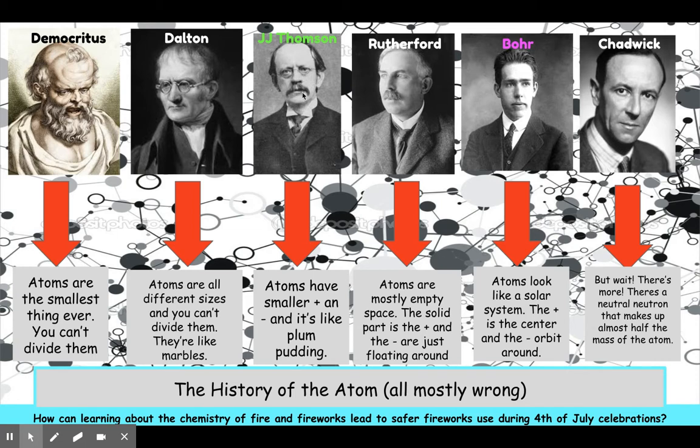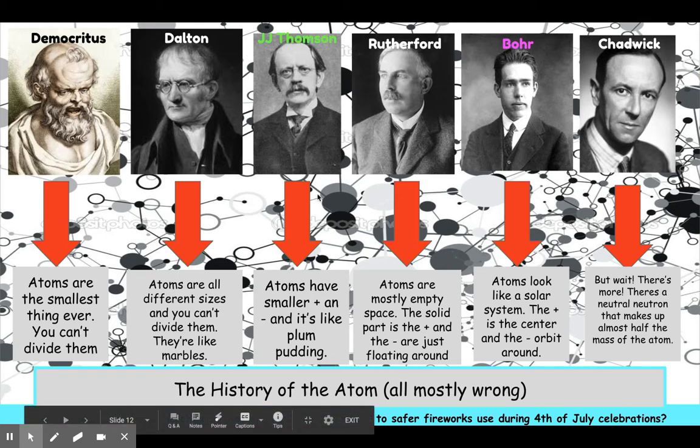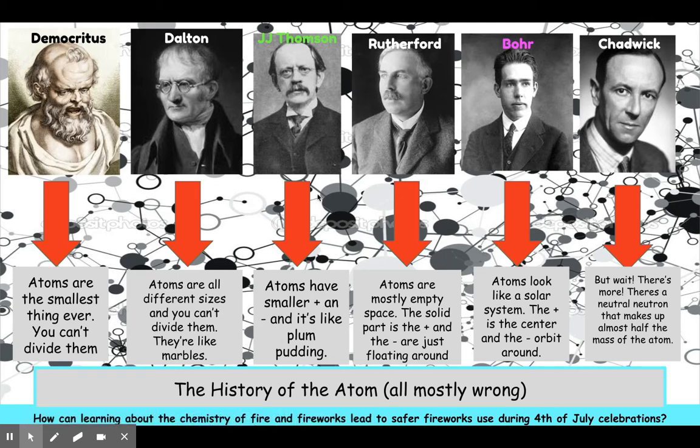But along comes this guy named J.J. Thomson, and he kind of built off of Dalton's model in that atoms were solid, but he noticed that they had both positive and negative components. And being a British guy, he likened it to plum pudding. Now, your book uses the muffin model because I don't think a whole lot of American students really know what plum pudding is.